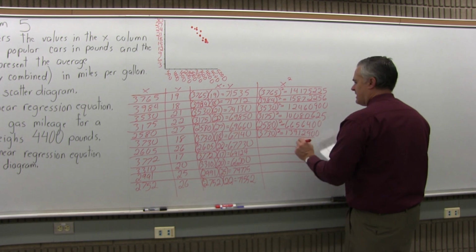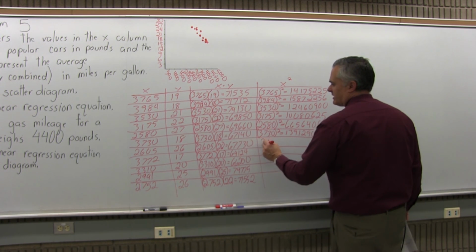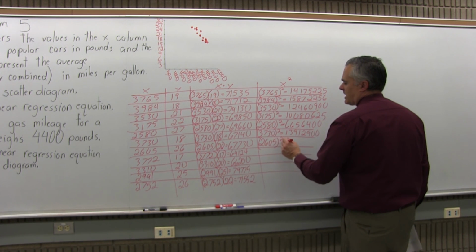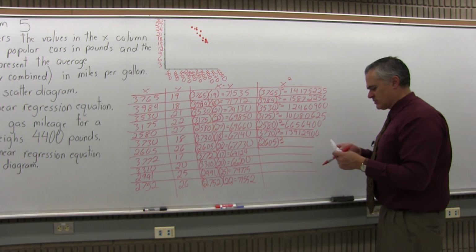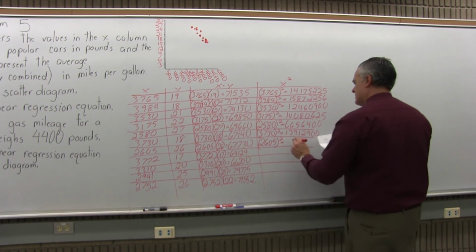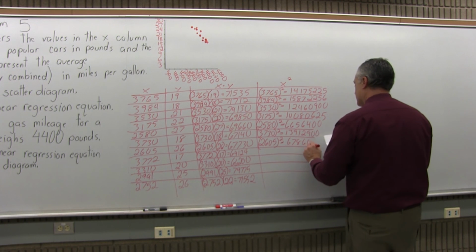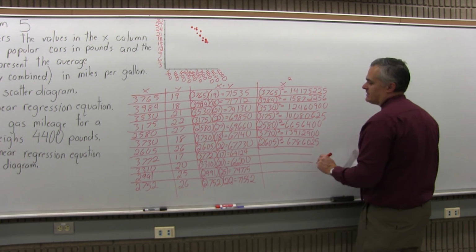13,912,900. And then the next car, the fairly light one there, 2,605. So second power, so 2,605 times 2,605 is 6,786,025.